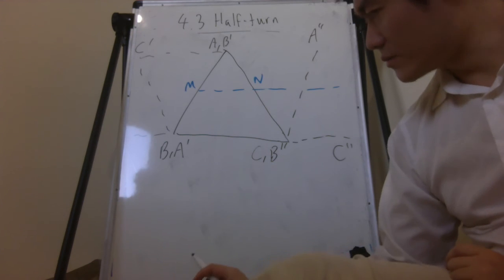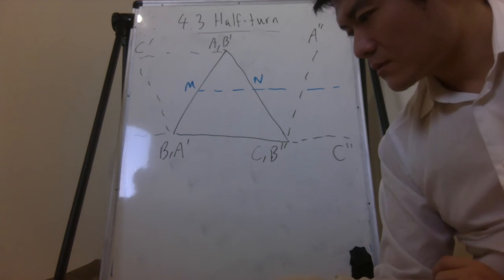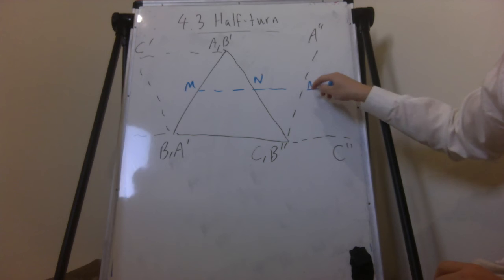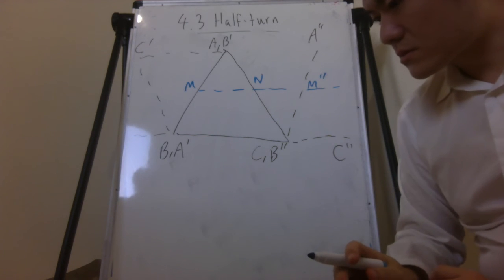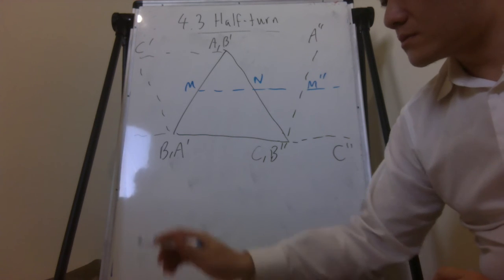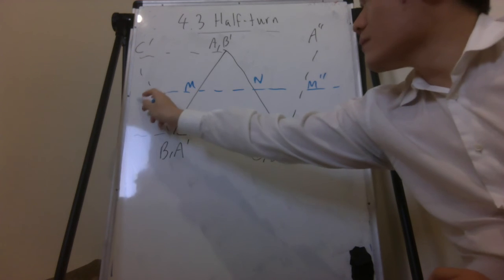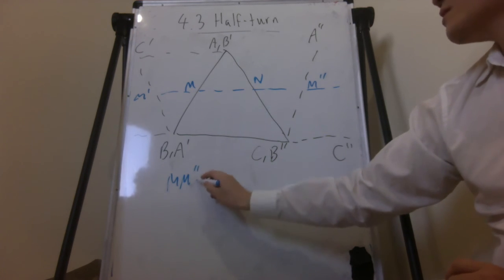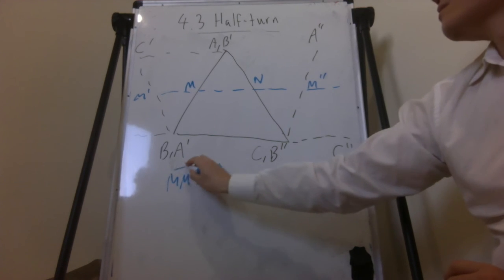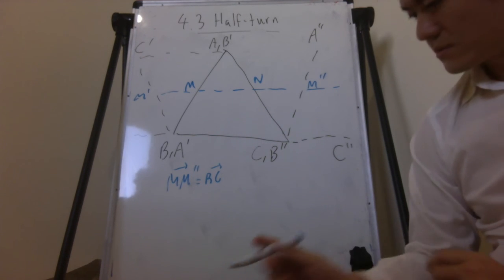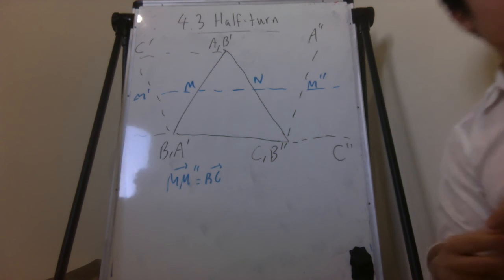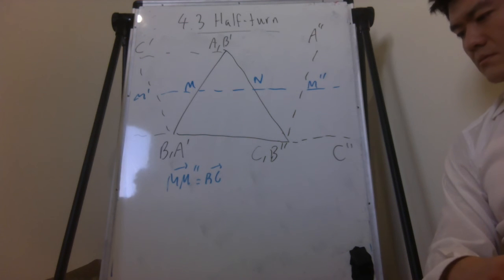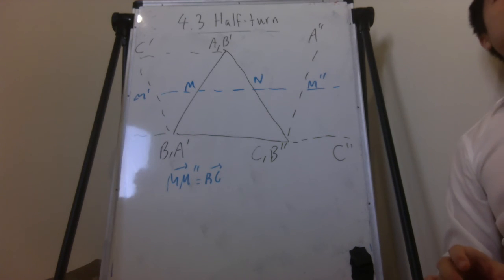Okay, let me draw in M and M double prime. M double prime is here. And this was like M prime. The translation about M double prime equals BC. Someone explain it to me?